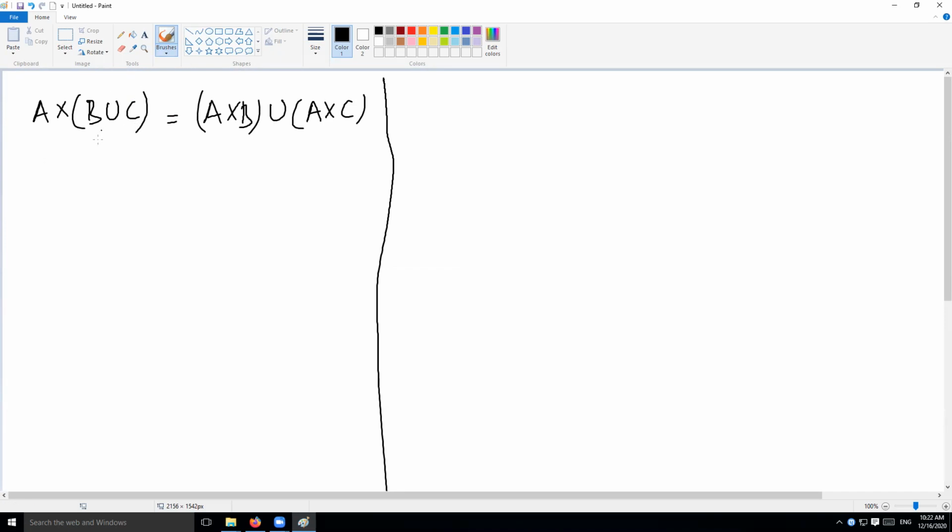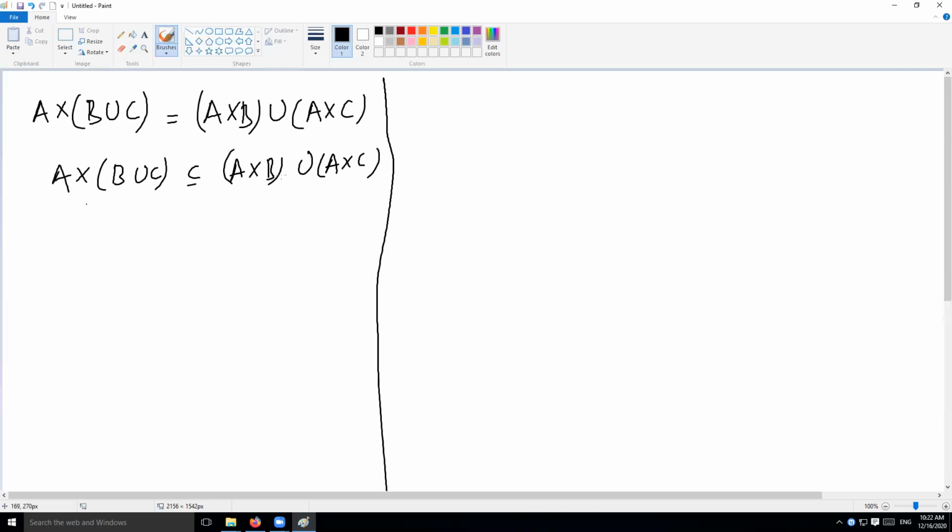Anyway, so I have to prove this. How can I prove it? I need to show that A cross (B union C) is a subset of (A cross B) union (A cross C). By the way, the book proves the equality in a direct manner. It doesn't show that one side is a subset of the other and the other side is a subset of the first.